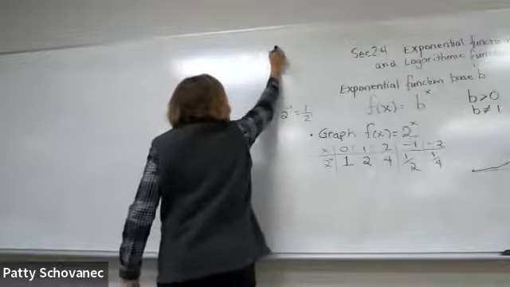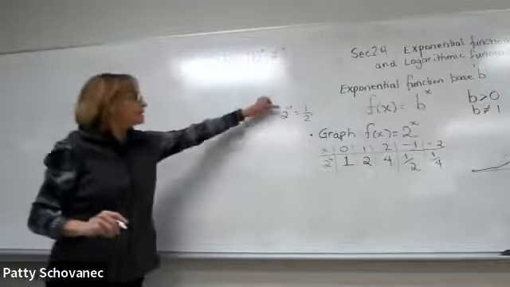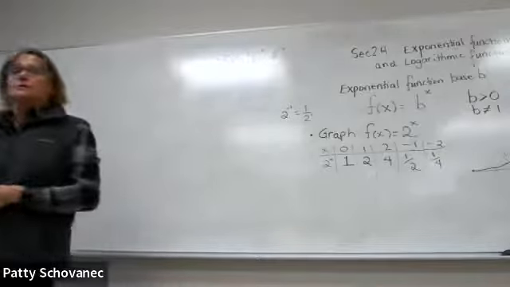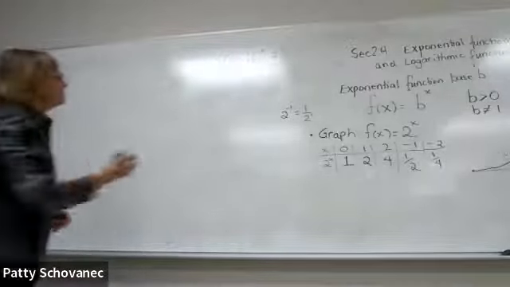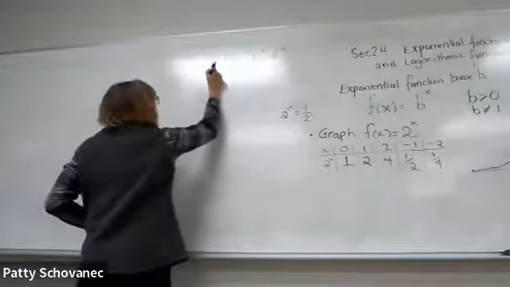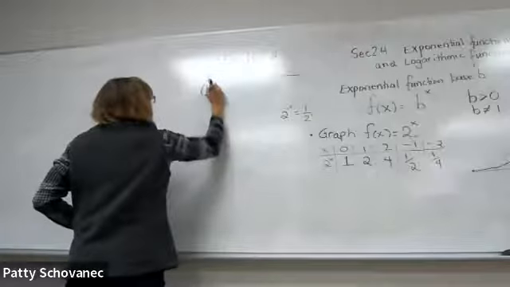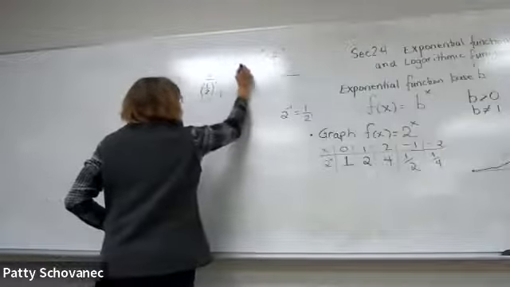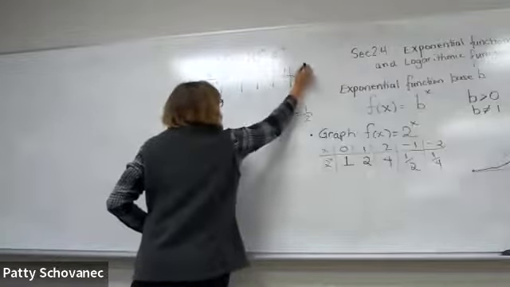But you should get used to seeing it as 2 to the minus x, because again, a negative power means to flip the base. I'm going to plot the same numbers. Plot 0, 1, 2, -1, -2.